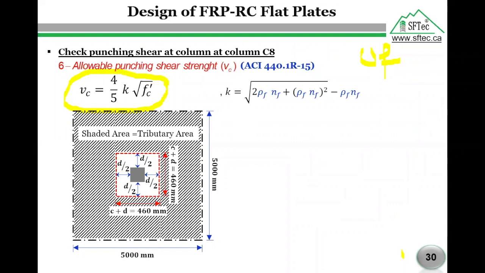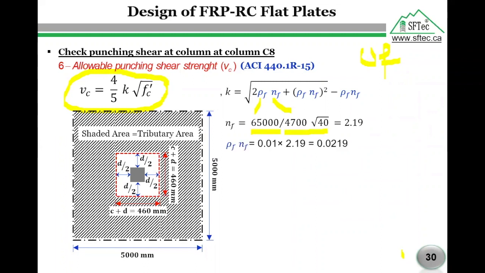k can be calculated using this equation. The k equation depends on two factors, the rho, the flexural reinforcement ratio, and the modular ratio. The modular ratio is the ratio between the elastic modulus of the used FRP bars to the elastic modulus of concrete. So we can calculate rho times nF.